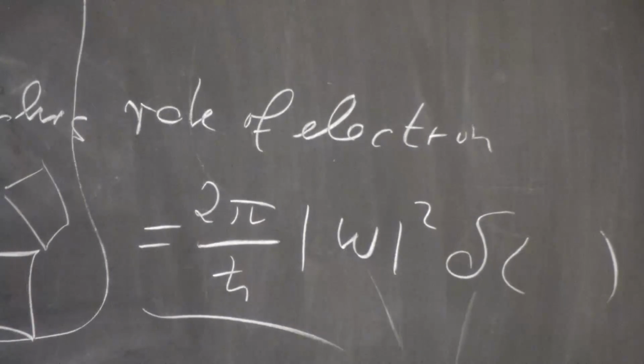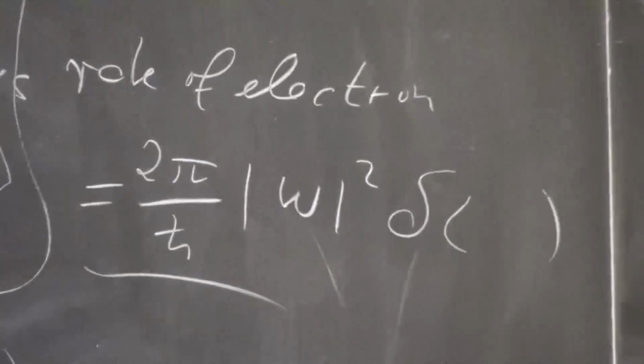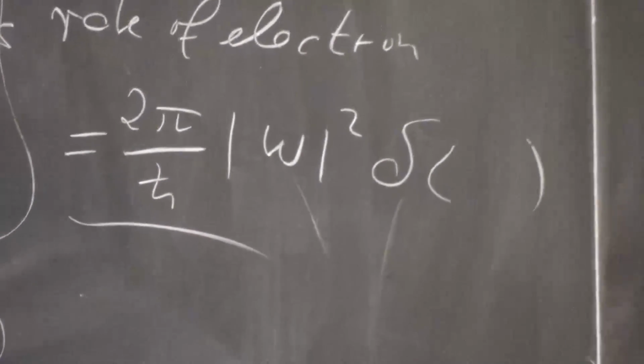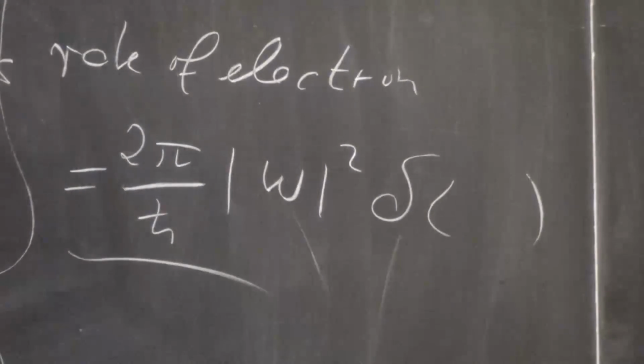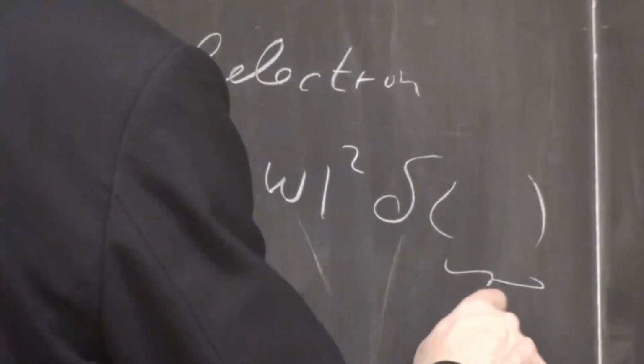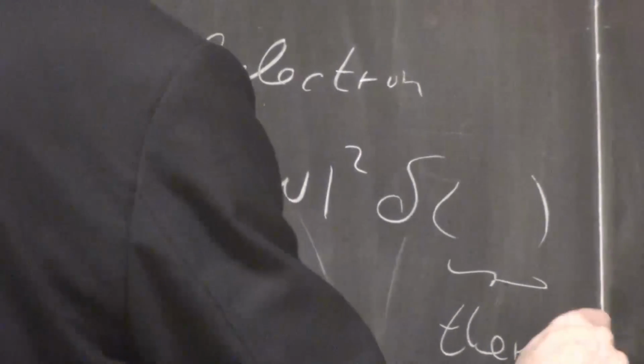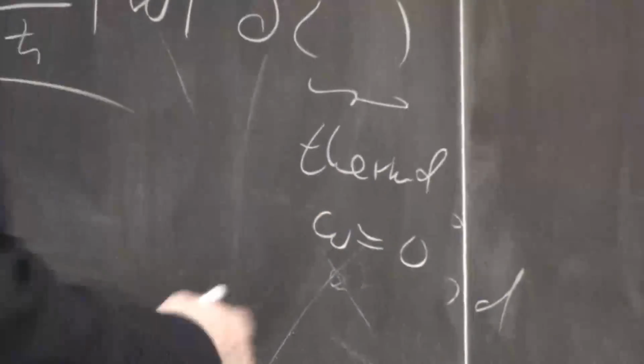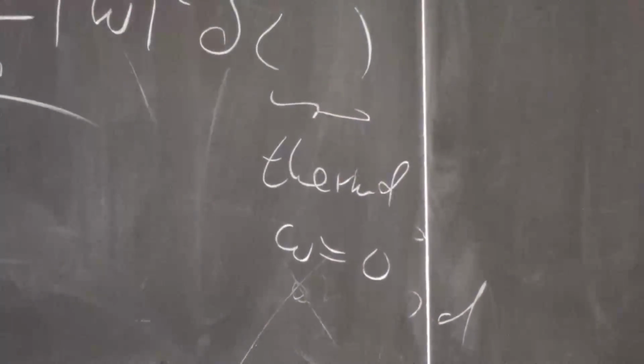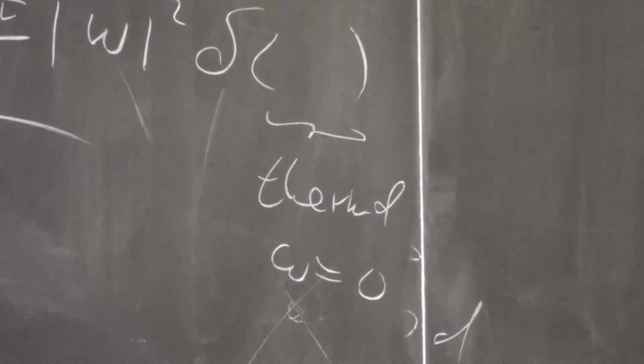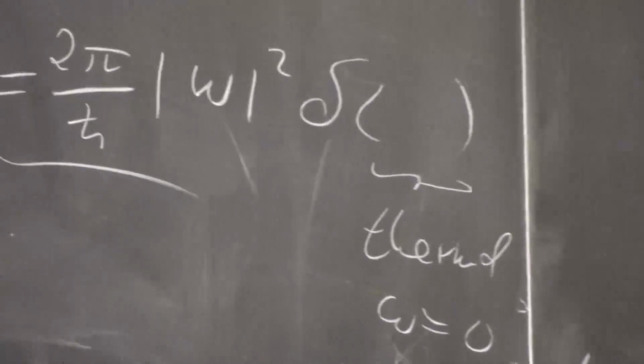And that is how the electron transfer theory is described, except now we have an electron transferring, and here we have no radiation. It's thermal. So omega is equal to 0, but otherwise it's just the same theory as the theory of excitation transfer. Here we transfer an electron.